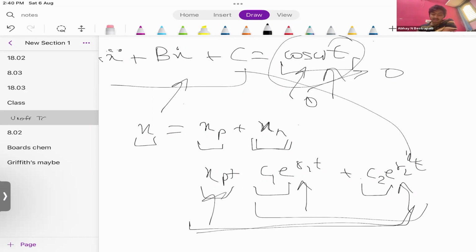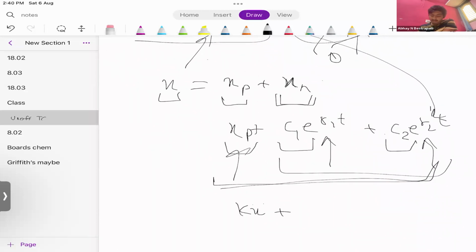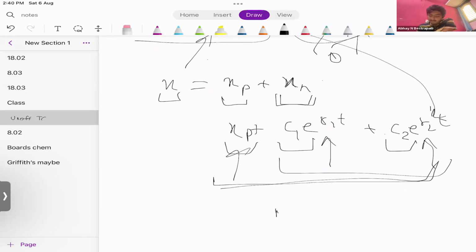And why did I say R1 and R2 are generally negative real numbers? Well, you can look at the equation that we are handling: m x double dot plus b x dot plus k x is equal to 0.